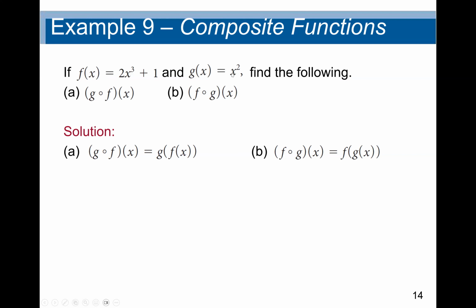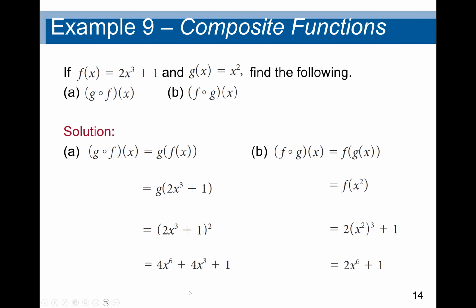Anywhere I see x squared, I'm going to substitute f at x. So this means g of 2x cubed plus 1, which is 2x cubed plus 1 all squared, because g at x is x squared. So wherever we see x, we substitute f at x, which is 2x cubed plus 1. Then from here, we can solve the problem.